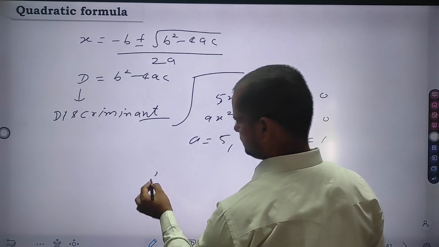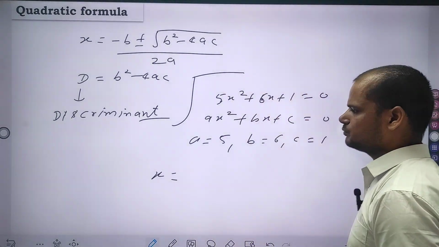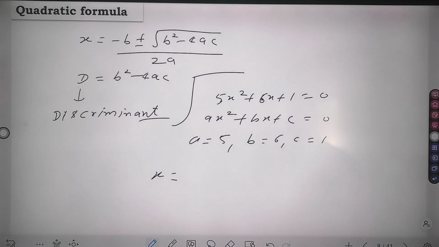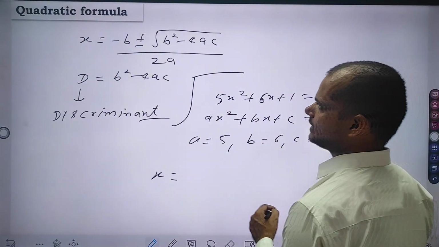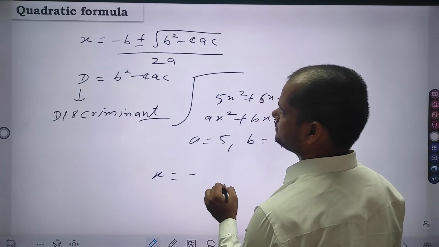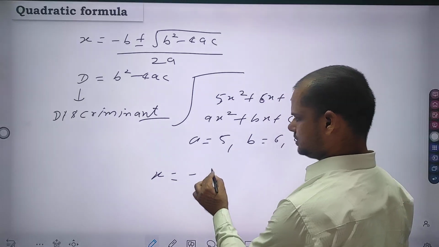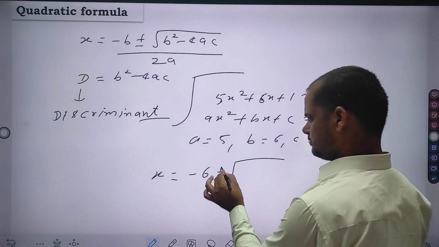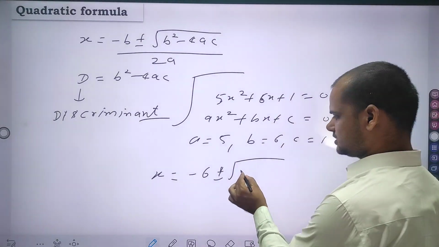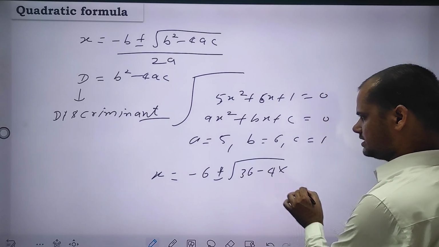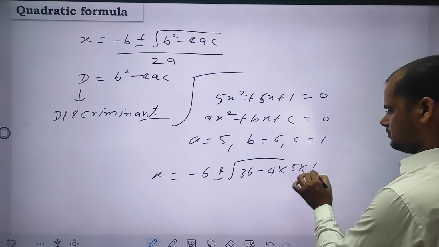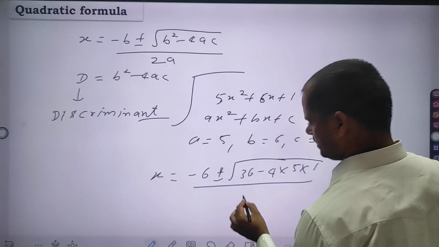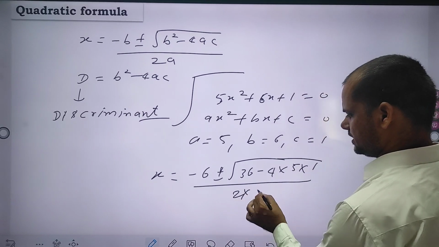Now we will put the values of a, b and c in the quadratic formula. So x equal to minus b, that is minus 6, plus minus root of b square, that is 6 square, 36, minus 4 into a, which is 5, and c, which is 1, divided by 2 into a, which is 5.